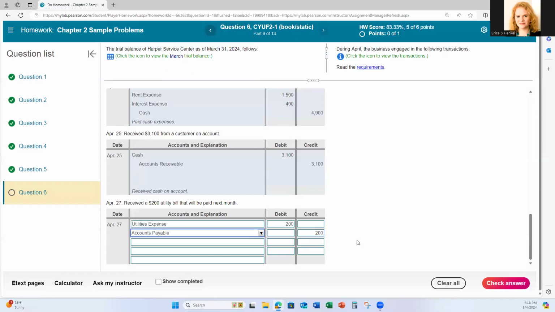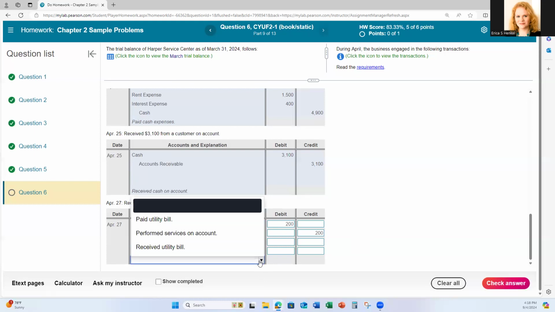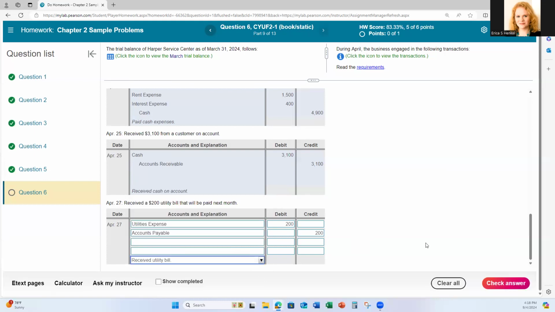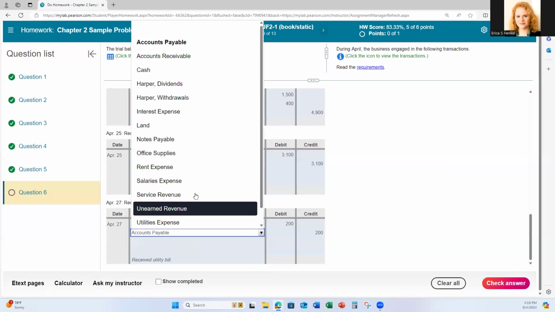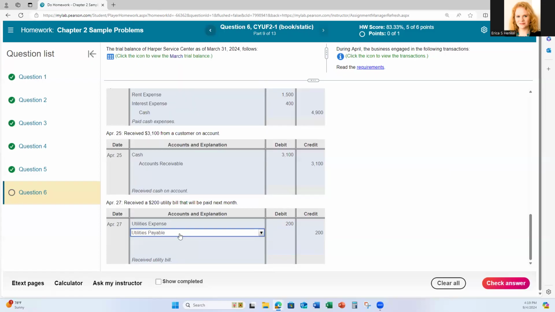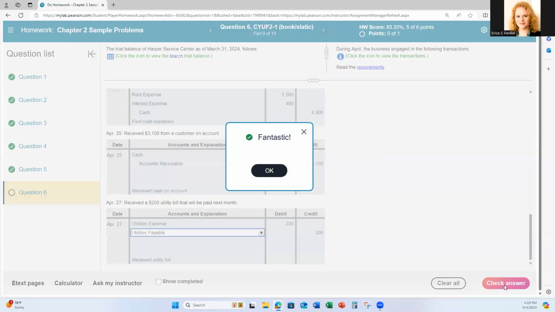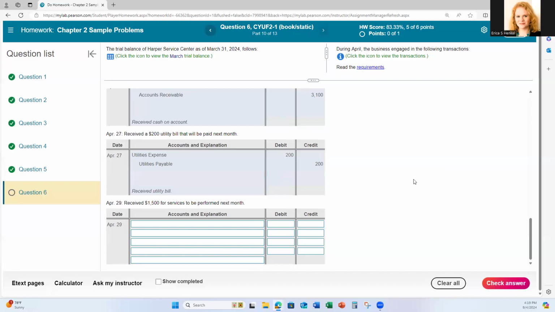So operating liabilities, short term. So received but did not pay our utility bill. Whoops. They put it into utility payable instead, so they have a subclass, but same concept.